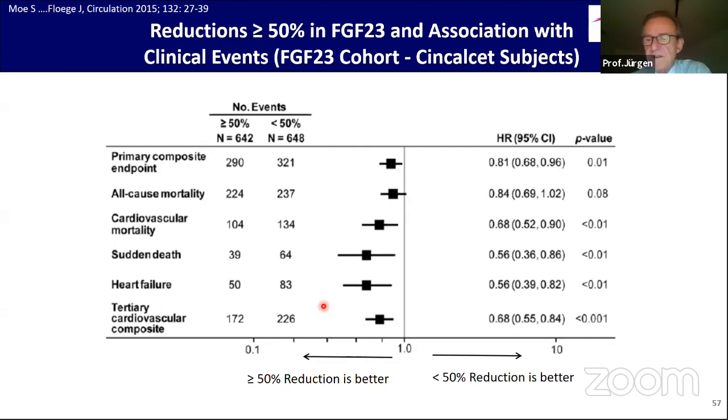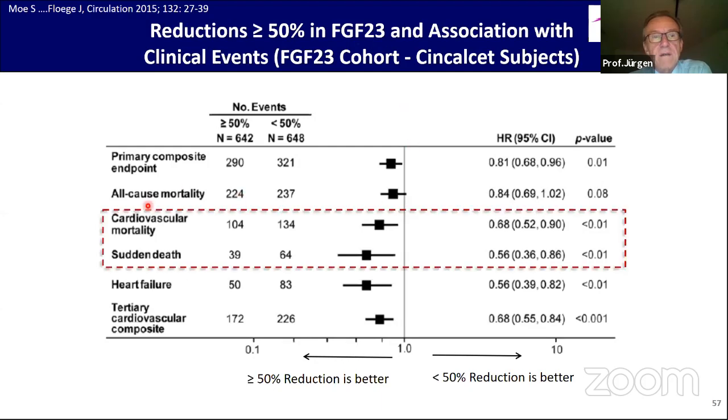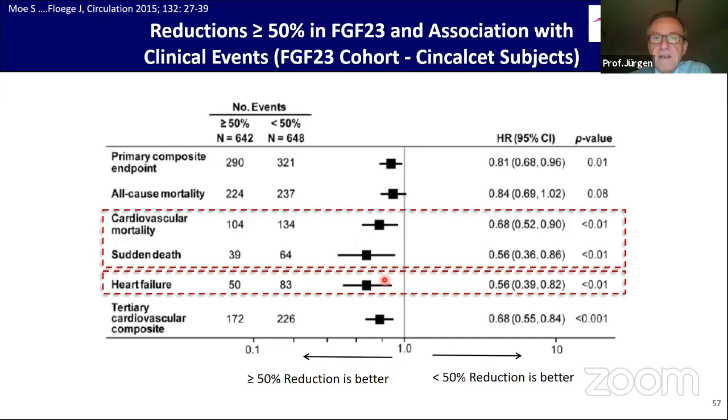And what we found is that the patients who experienced a 50% reduction in FGF23, they had much less cardiovascular mortality, and they had a huge, almost 50% reduction in cardiovascular sudden death. And interestingly, they also had a 50% reduction in heart failure events. So it's good to be in the group where the FGF23 falls.